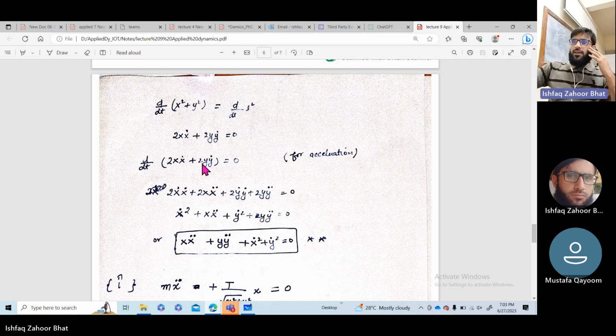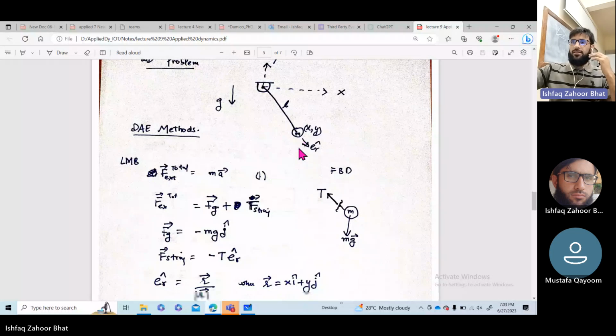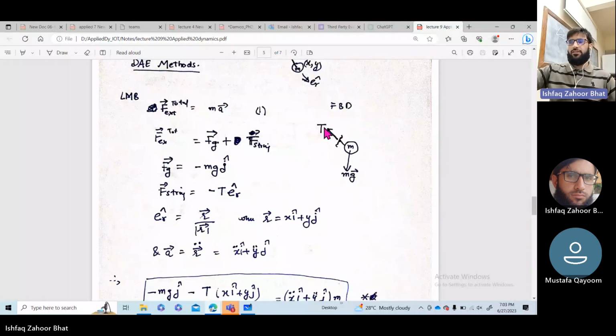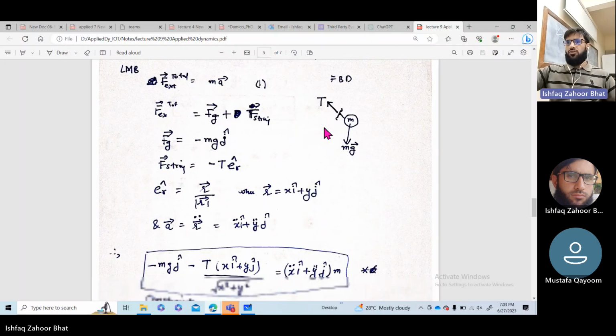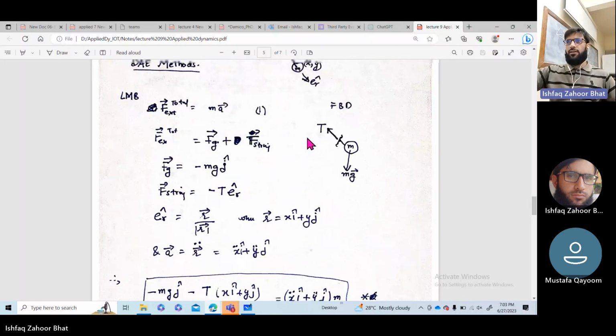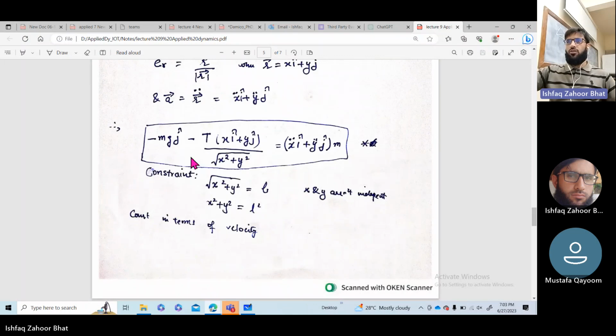So see what we are trying to do. We are trying to get the equations of motion for this mass. But the thing is that we have a constraint force T and we don't know this force. So we have applied the linear momentum balance equation and got this equation. How many variables do we have in this equation?